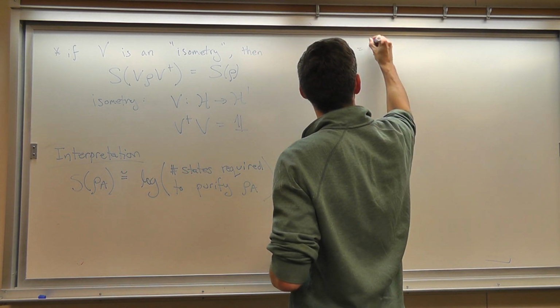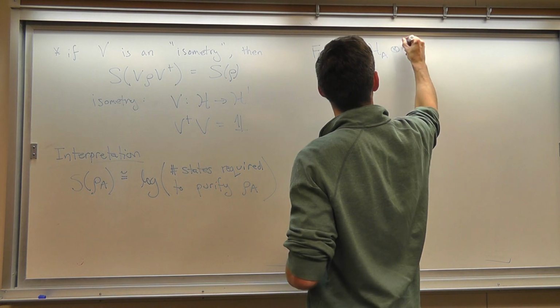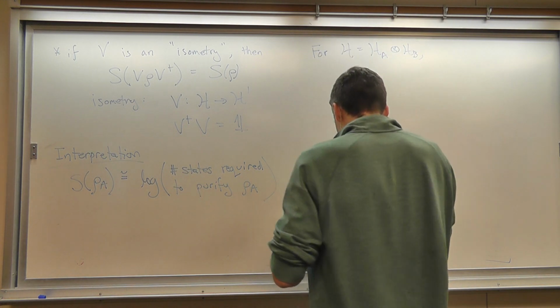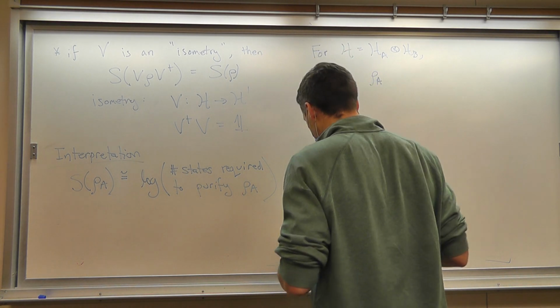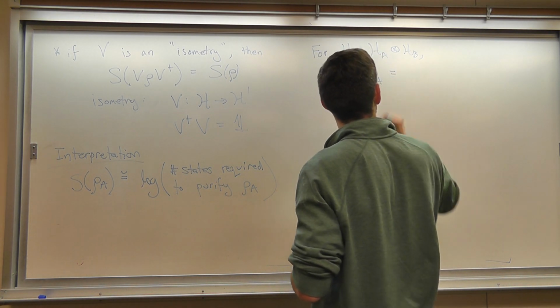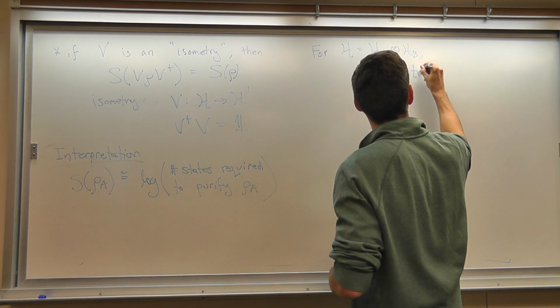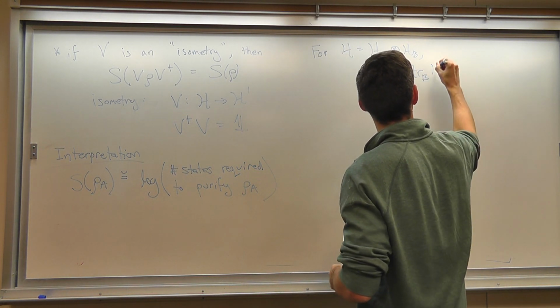If you have a Hilbert space that factorizes into HA times HB, I think I mentioned this at some point, but here it is again, then you can define reduced density matrices on subspaces by doing partial traces.